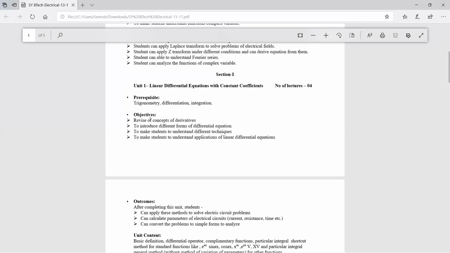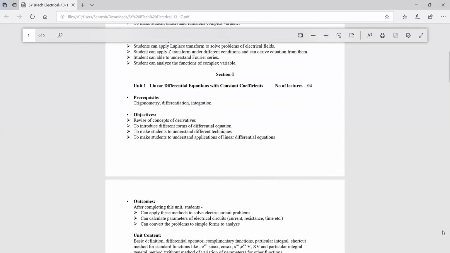After completing this chapter, unit number 1, linear differential equations with constant coefficients, a student can apply this method to solve electrical circuit problems, can calculate parameters of an electrical circuit such as current, resistance, time, etc., and can convert the problems to a simple form to analyze.